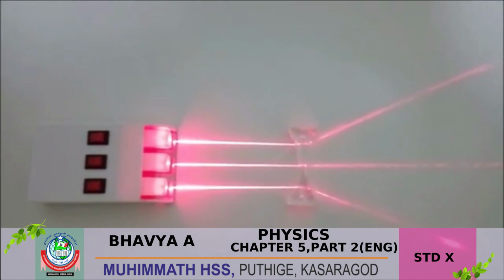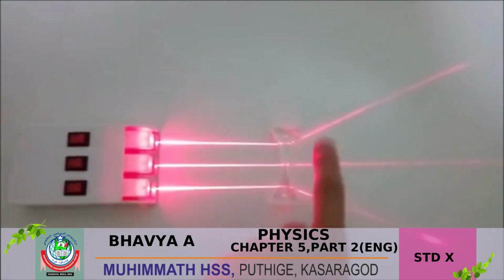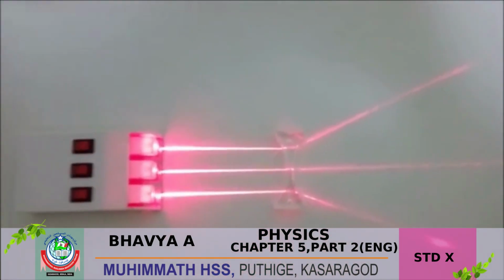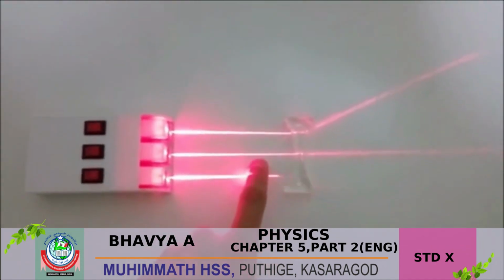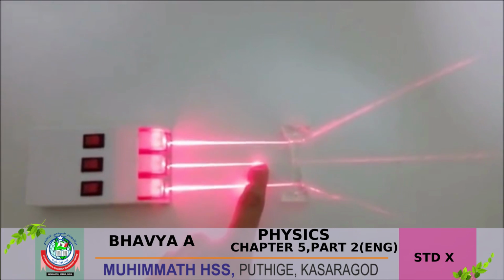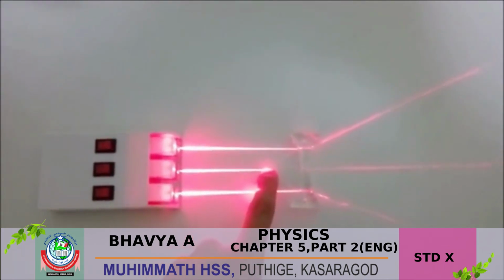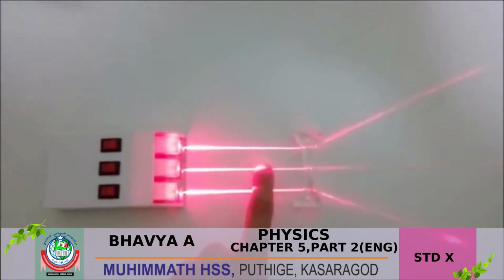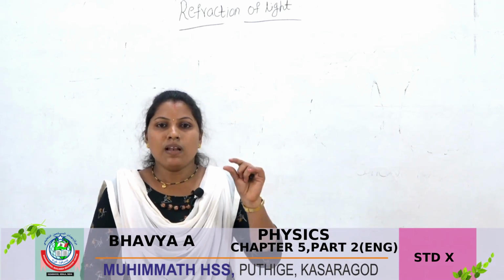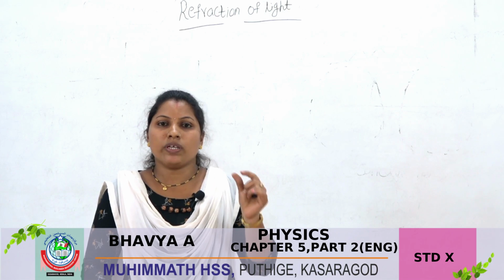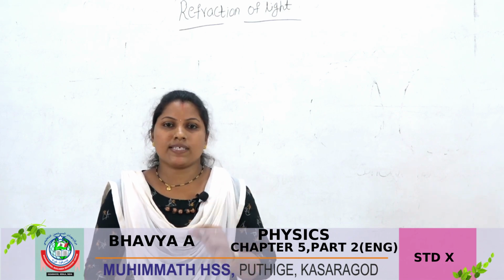When I place a diverging lens here, the ray will diverge outwards. And if you were to trace back the ray, this point where the ray will converge is the principal focus or the focal point. So you have seen how the principal focus appears in concave lens and convex lens.